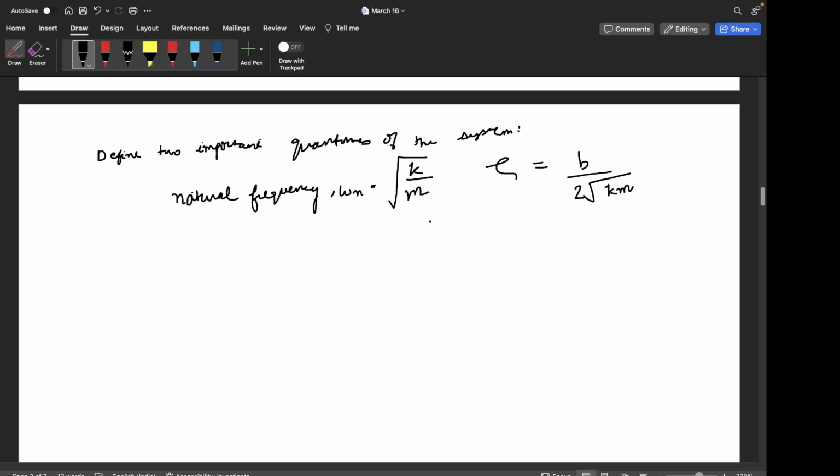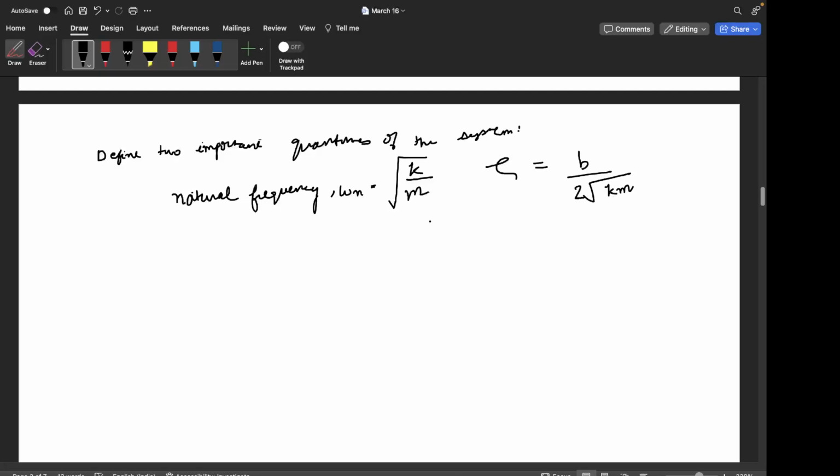The natural frequency is the frequency at which the system will oscillate without any external forcing, right? If you think of a pendulum and you slightly displace it from its mean position and let it go, then the frequency at which it oscillates is the natural frequency. Or in the case of a spring mass system, you slightly displace it from the mean position and leave it, then this is the natural frequency, root k by m.